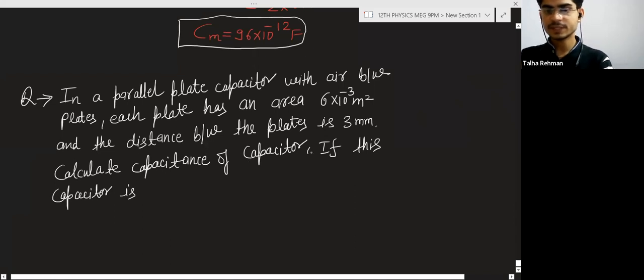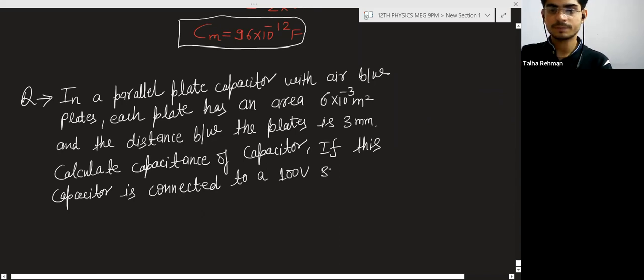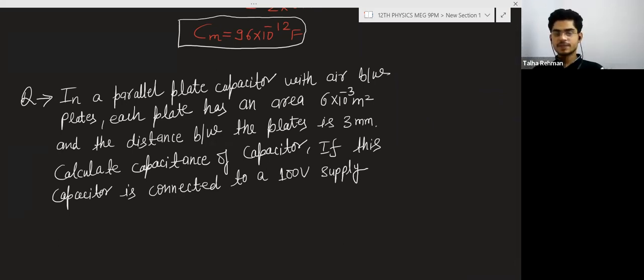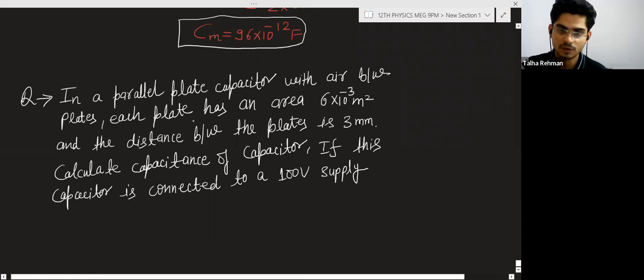Calculate the capacitance of the capacitor if this capacitor is connected to a 100-volt supply. A 100-volt supply means you are connecting this capacitor with a battery or cell or some power source. Okay.